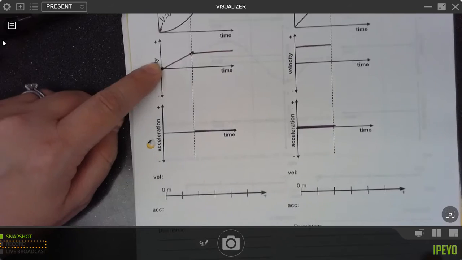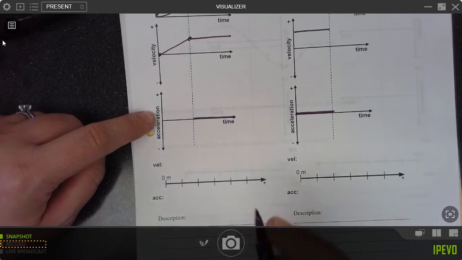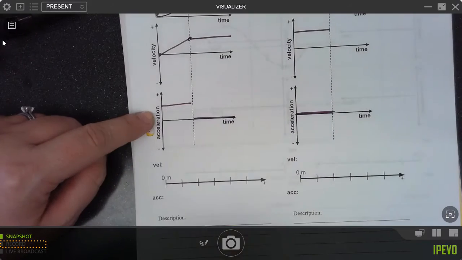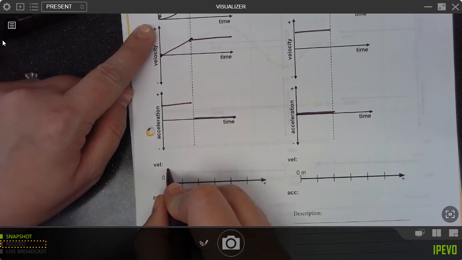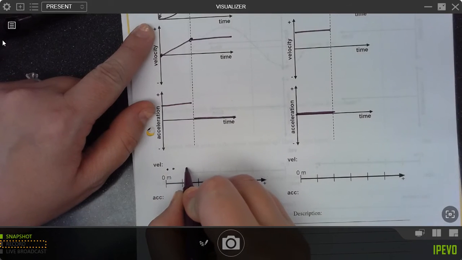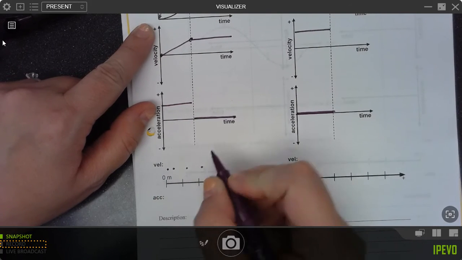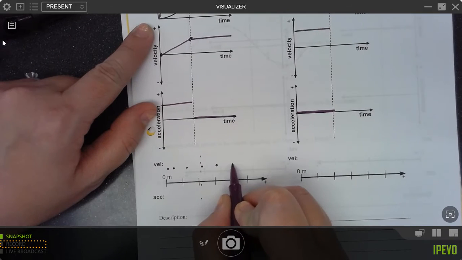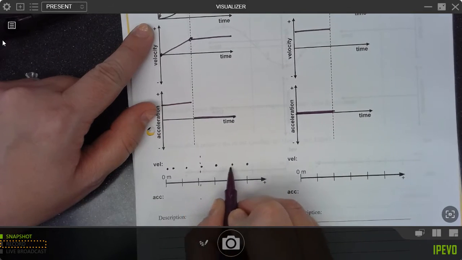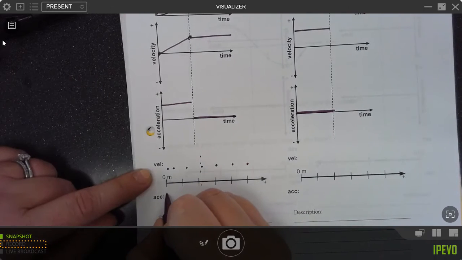So that means we've got a constant positive acceleration at the beginning. All right, so we started at 0. We start out slowly, so they're going to be close together, and then spread out. And then at some point, our dot is going to travel at the same distance per second as it did before. I'm just going to copy these.